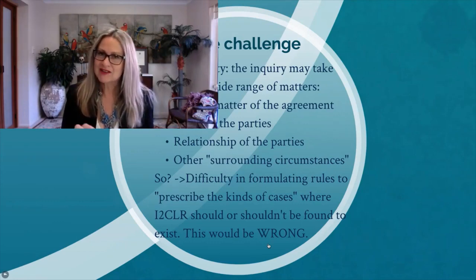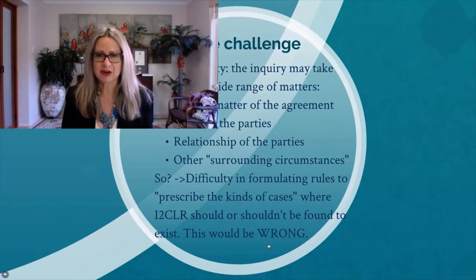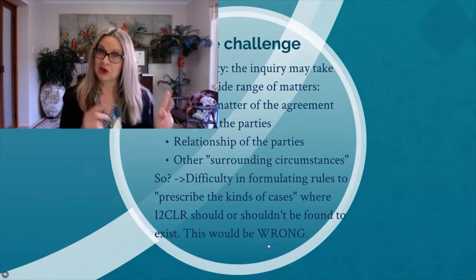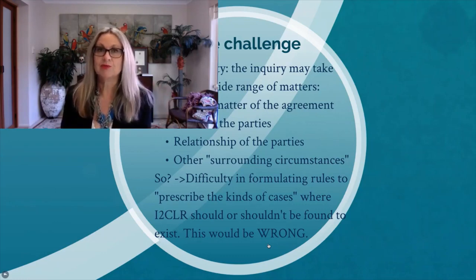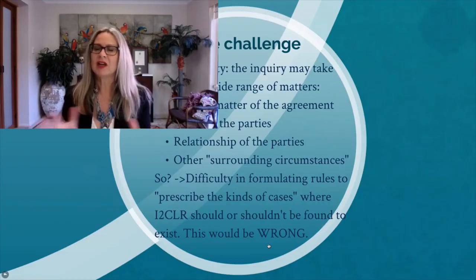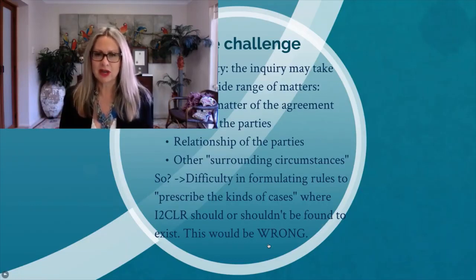And this is where they start to segue into their question about the way the law's developed in this area: how can you say there are kinds of cases, family, non-familial, social, business, how can you say that those broad areas or kinds of relationships should be subject to certain rules?